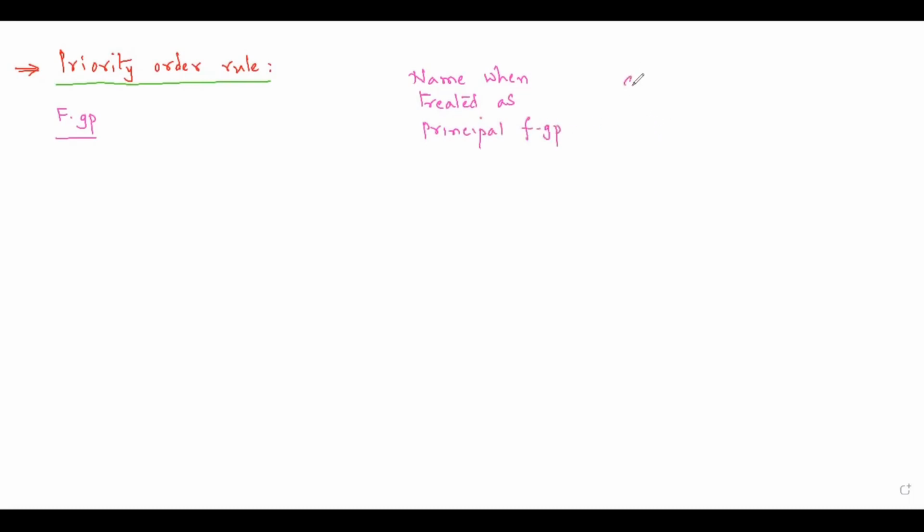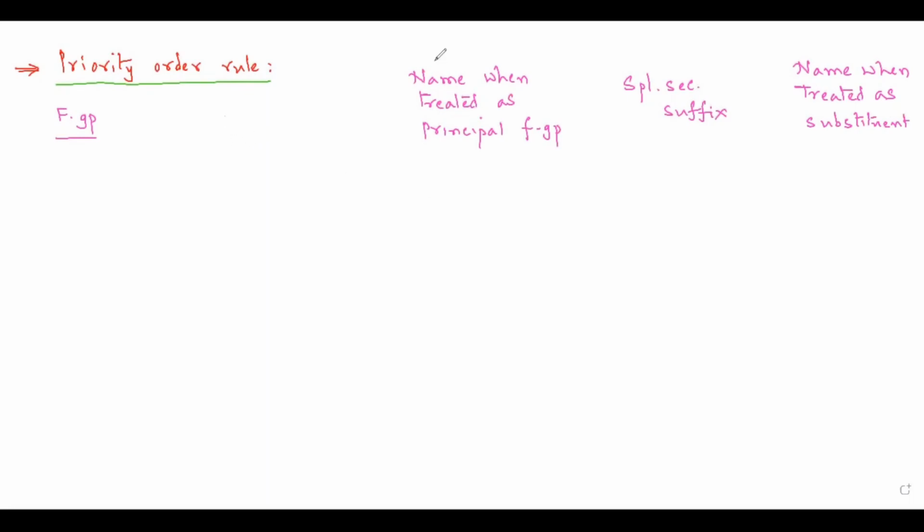Now, there is a special category called special secondary suffix. We'll tell you when to use this. Then name when treated as substituent. So these are the 3 special things.